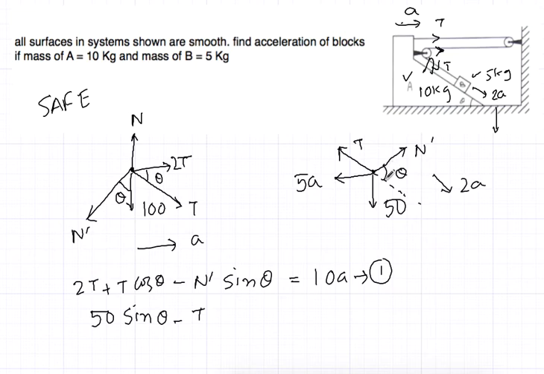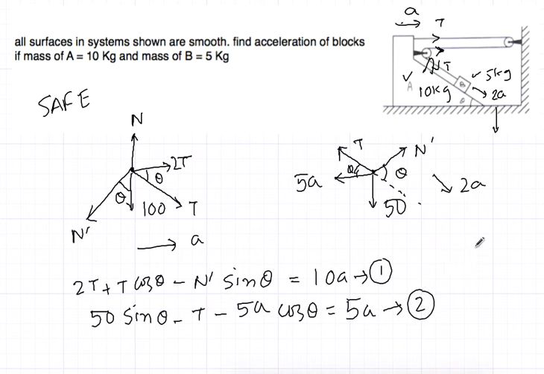Okay, so this is theta. That's all: 50 sin theta minus T, minus 5a. What is this angle? This angle is nothing but theta again, because if this is theta, this is theta. Minus 5a cos theta equal to 5 into a.